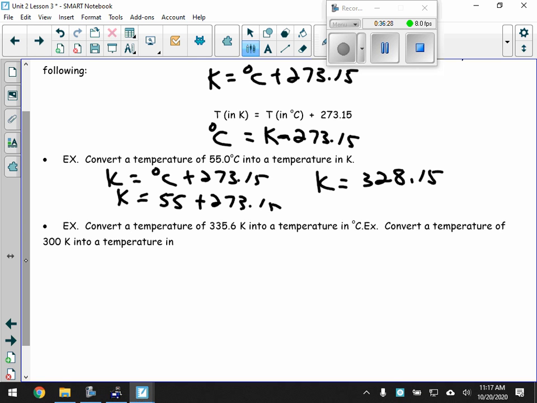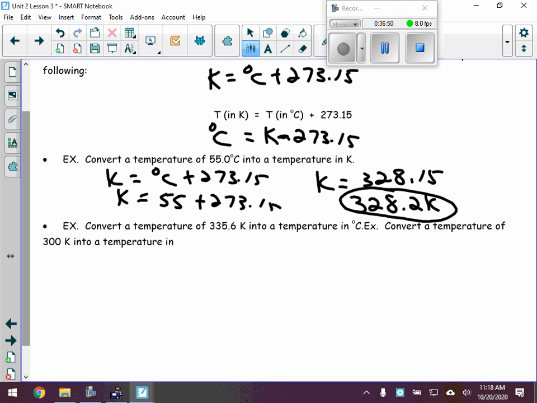How many people think the answer should be 328? Yes? No? What's your answer then, if you don't think it's right? 328.2. That's right. 328.2. And usually you put the K at the end for Kelvin.